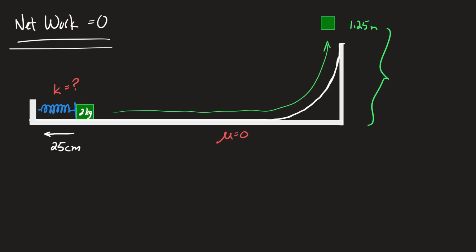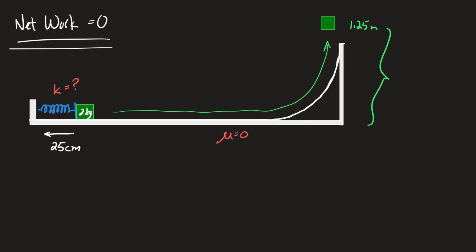There's another clue, and I'm going to give you several clues as to how you know a problem is likely solvable by conservation of energy. So thing number one is a spring is involved. If a spring is involved, you're likely looking at a conservation of energy question. Thing number two, and this one's more important, we are trying to figure out the height that something attains. That's a dead giveaway that we're likely looking at a conservation of energy question.